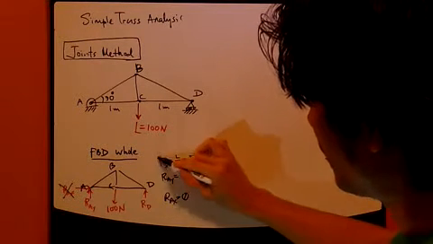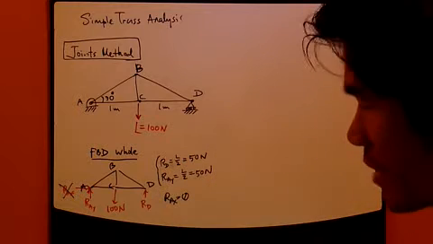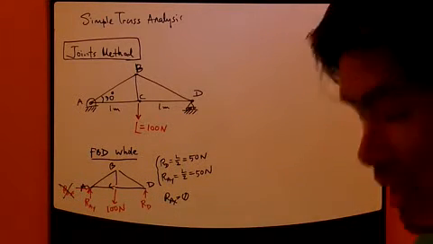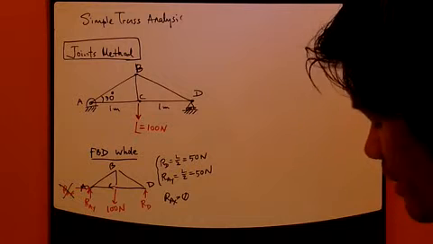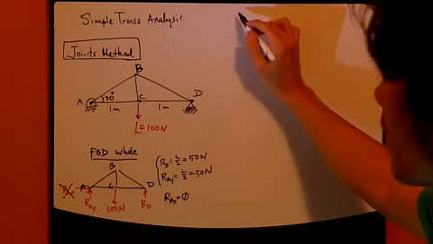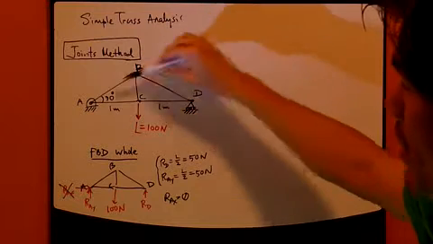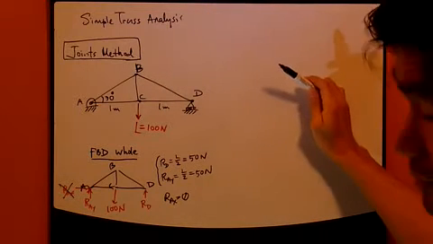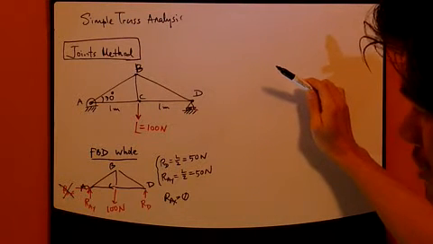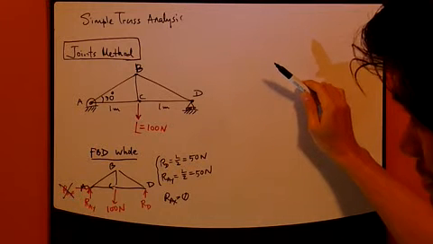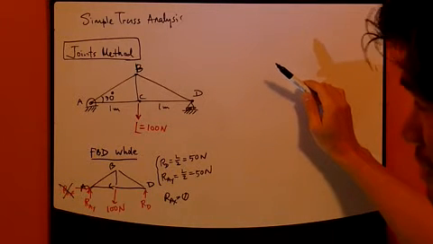So I've calculated these two reaction forces at these two end joints. Now I can begin my joints method analysis. Here I have 4 joints, A, B, C, and D. Question is, which joint should I use to begin my analysis?